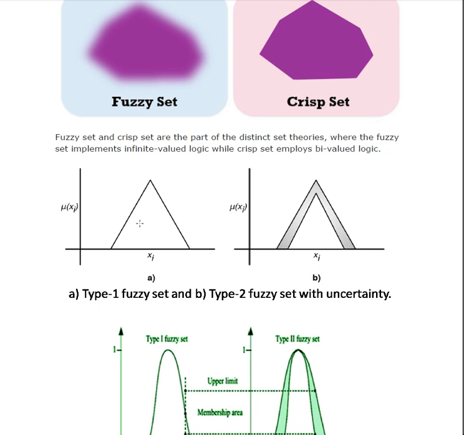Actually, the type 1 has a limited capability to directly handle uncertainty. So that is what we see in the type 1.